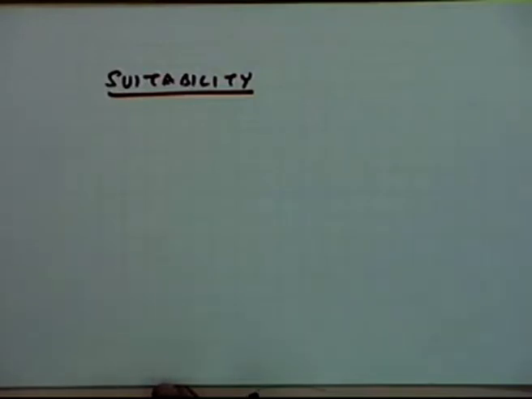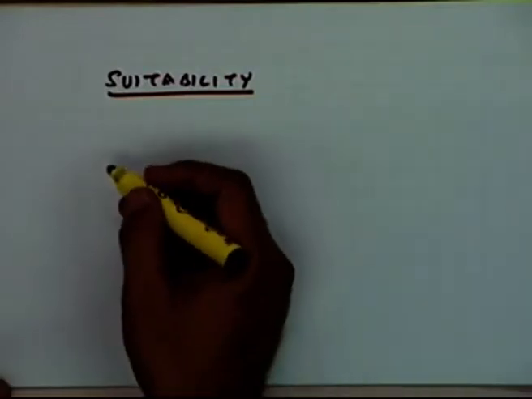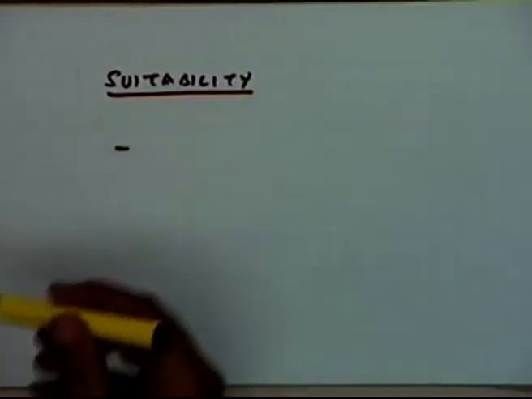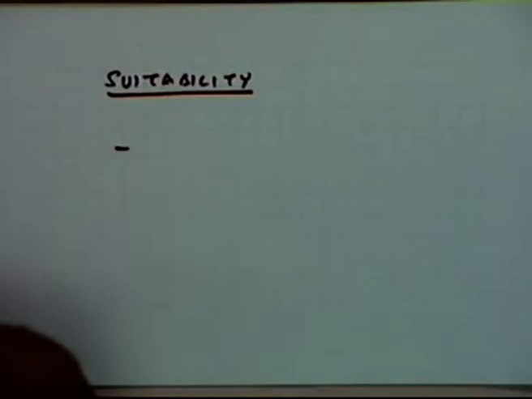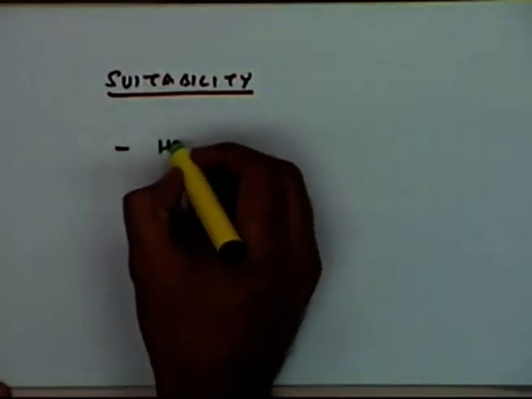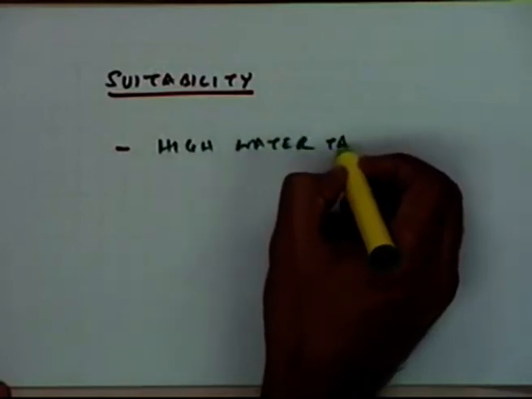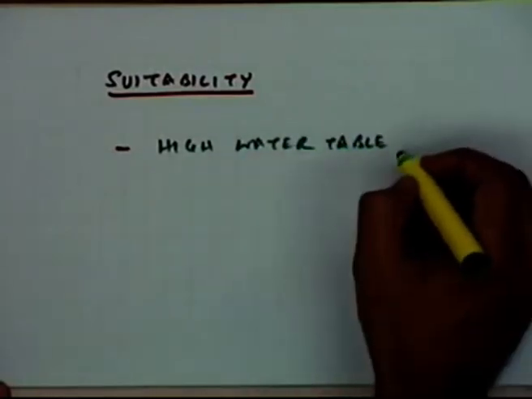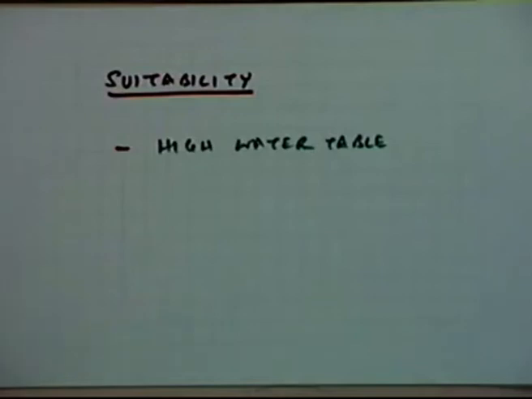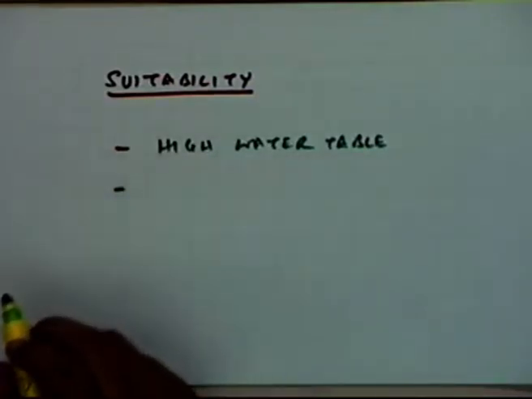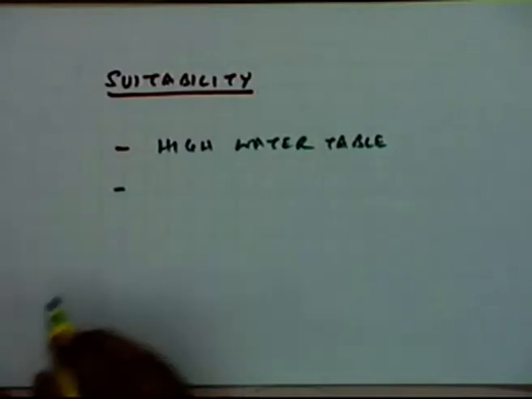There are a lot of restrictions, in the sense that you have to use this method where the water table is quite high. You cannot use this method where the water tables are very low, because as we have discussed, it can lose a lot of water as deep percolation.